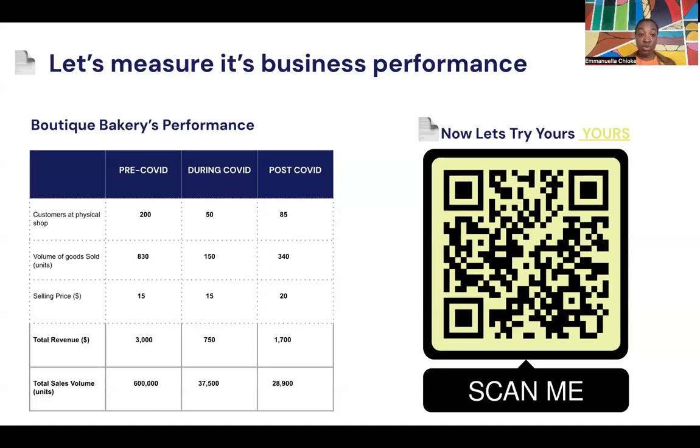The volume of goods sold went down to 150 units from 830. And their selling price, they kept the same. Sometimes in situations like this, businesses have the option to play around with the selling price. Do we want to increase it so that we can make more profits? Do we want to leave it the same as it is?